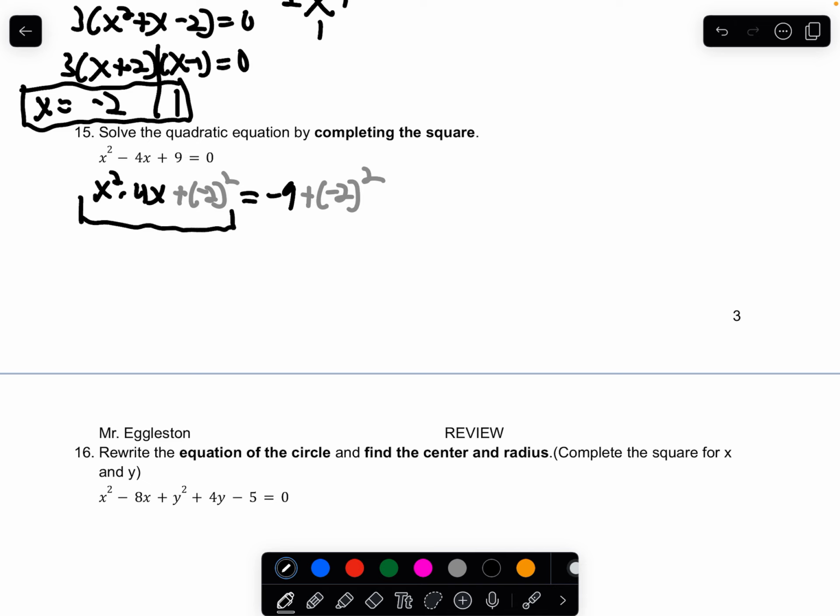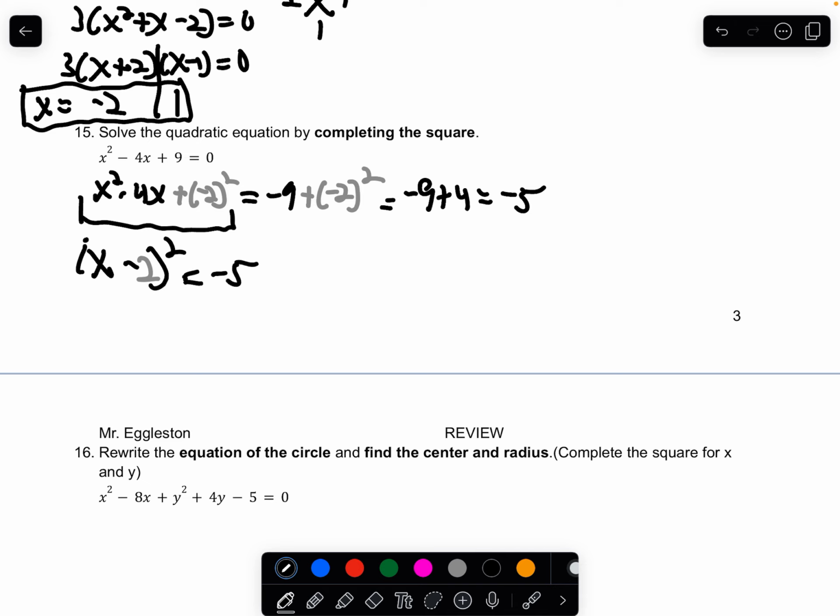Right here, that's just going to be x minus whatever that number is inside the parentheses, which is a -2, squared. And then you do have to figure out what -9 plus 4 is. Unfortunately, that's negative. So it equals -5.